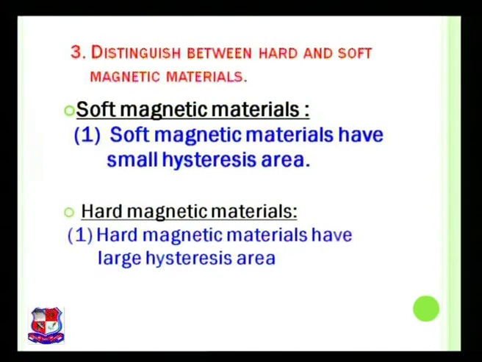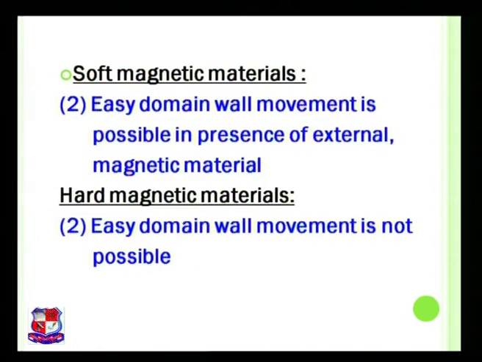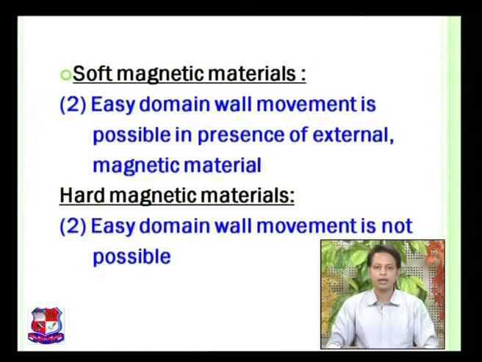Let us distinguish it with more points. Let us move towards the next point. Easy domain wall movement is possible in the presence of an external magnetic field, whereas in hard magnetic material, easy domain wall movement is not possible.